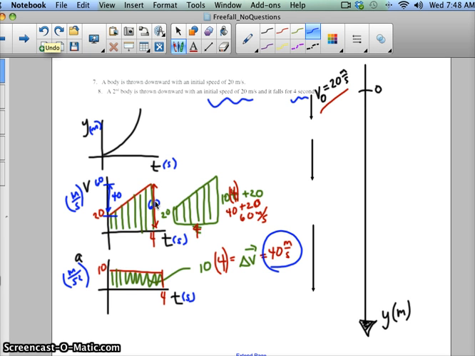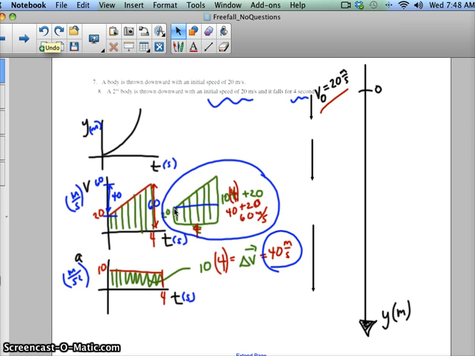So there's two ways of solving this part here. We have a trapezoid. We can find the area of a trapezoid. Or we can break this up into a rectangle and a triangle. So I'll do it both ways.